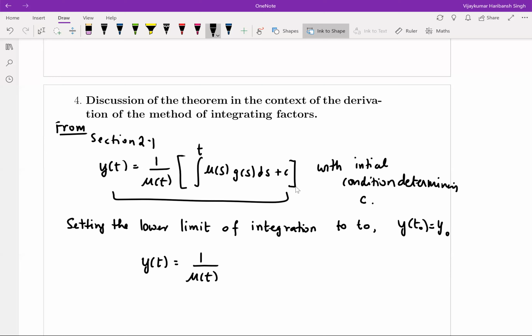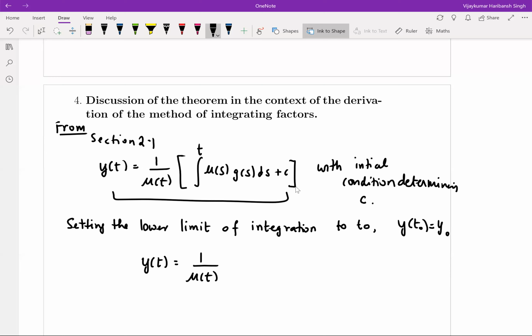So recall from section 2.1 on integrating factors, we saw that y of t is 1 by mu of t times the integral of mu of s g of s ds plus c. The initial condition will determine c.